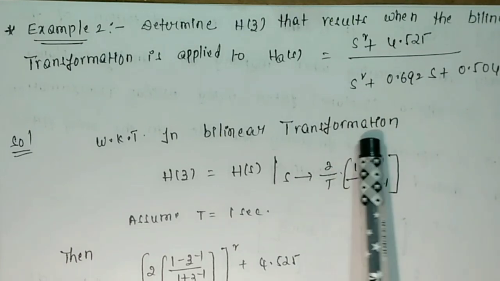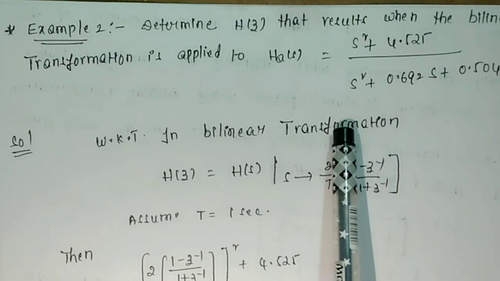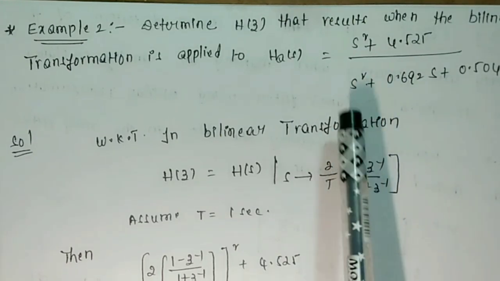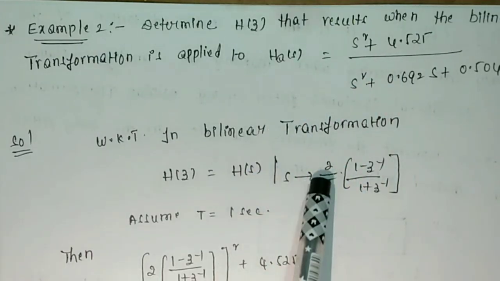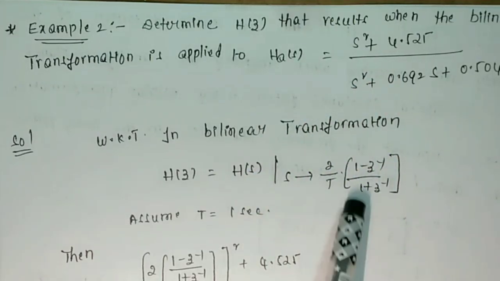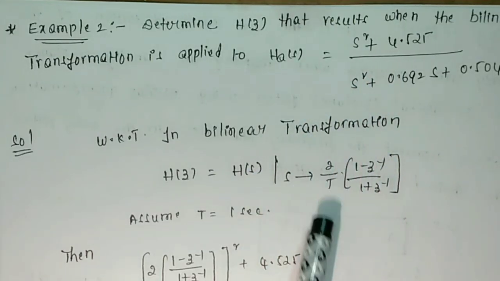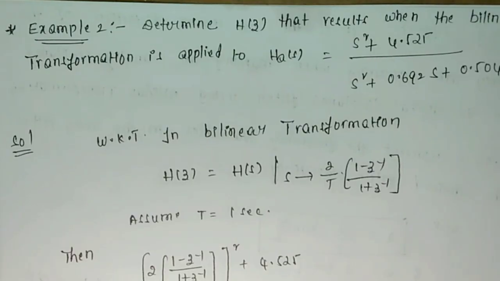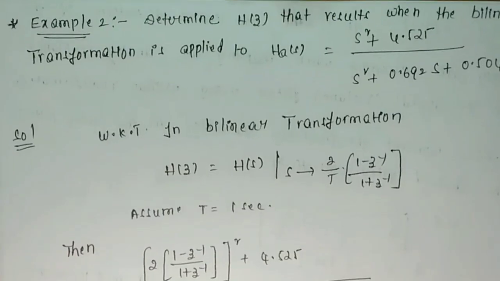Whatever the function may be, however large it is, don't bother about it. Simply in place of s, substitute 2 by T into (1 minus z inverse) by (1 plus z inverse). That's it. After that, the mathematical simplification simply depends upon how fast and how smart you are. That is the only key point in these problems.